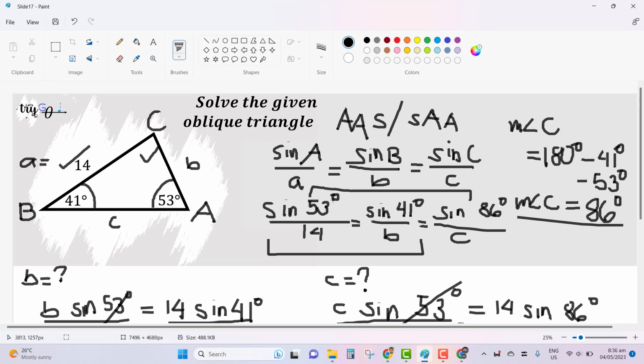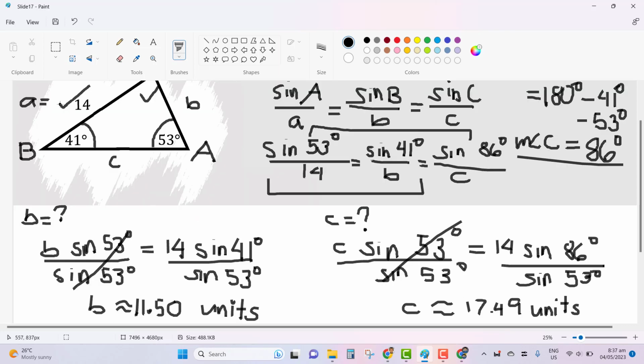Before we end, we could also check whether our answers are correct by looking at the perspective that the side opposite your largest angle should be your longest side. Conversely, the side opposite your smallest angle will be your shortest side. Among the angles, C is your largest angle, 86 degrees versus 53 degrees versus 41 degrees. It would mean that side C is longest. Let's check. A is 14 versus 11.5 versus 17.49.